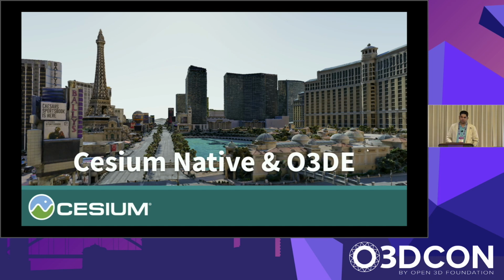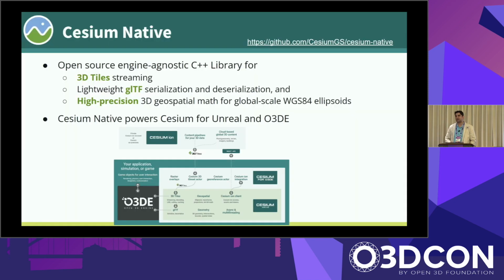So that brings us to the runtime engine side. And before I get into O3DE itself, I want to introduce Cesium Native to you. As we started working on game engines, starting with Unreal and then with O3DE, we understood that the 3D tile streaming algorithm, the glTF processing, and the geospatial math for converting lat-long into XYZ coordinate systems were essentially agnostic of any game engine that we would want to integrate with.